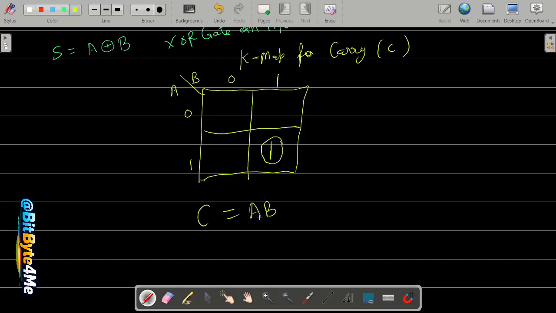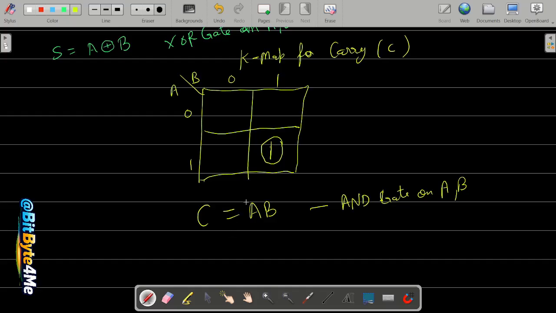So if its value is 1 we write that variable as it is, A, and if on this side the value of B is 1, so B as it is. So this is AND gate operation. So AND gate on A, B. So for carry we use an AND gate.